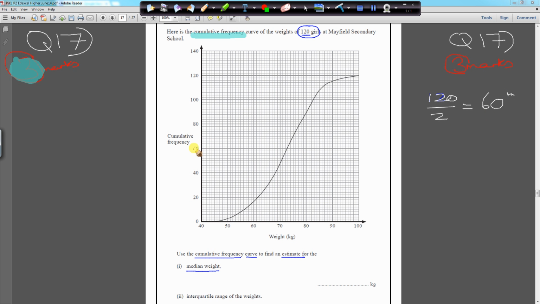So we need to go across from 60 to the graph and down again. Let's use our straight line, the blue one. Bear with me, folks. We're going to start from the 60.